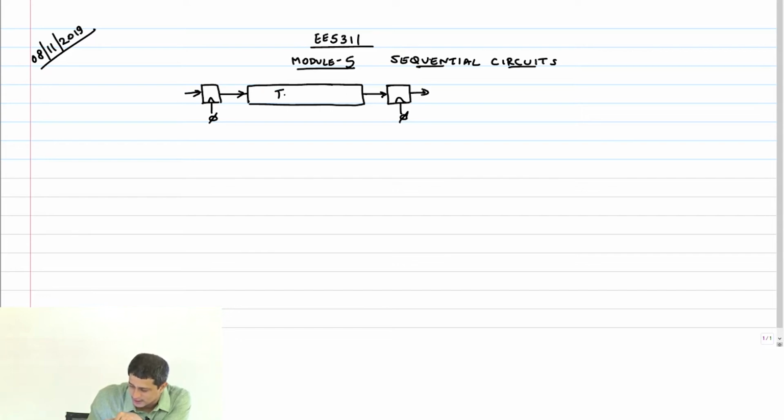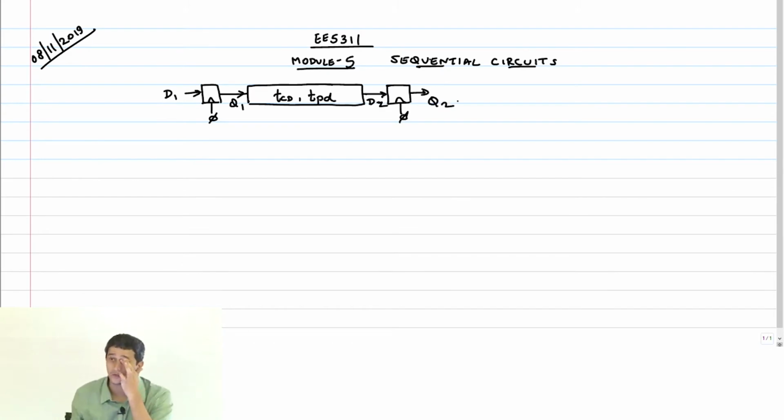This has a delay of TCD, TPD. This is D1, Q1, D2 and Q2. We'll draw this across two cycles, and then we'll see what has to happen.